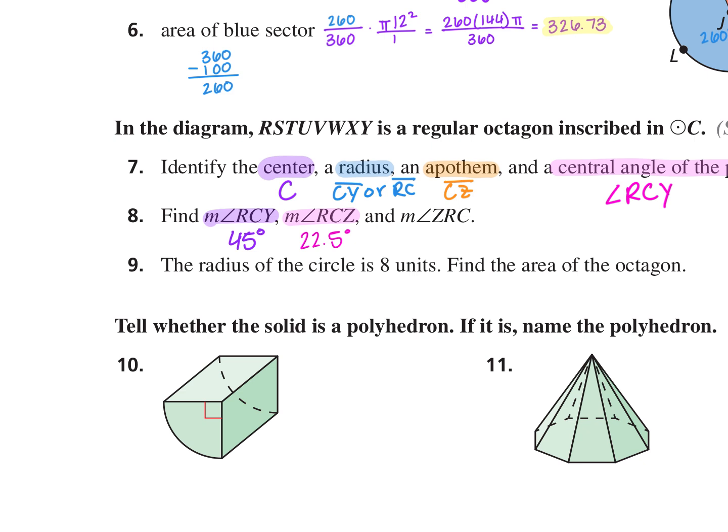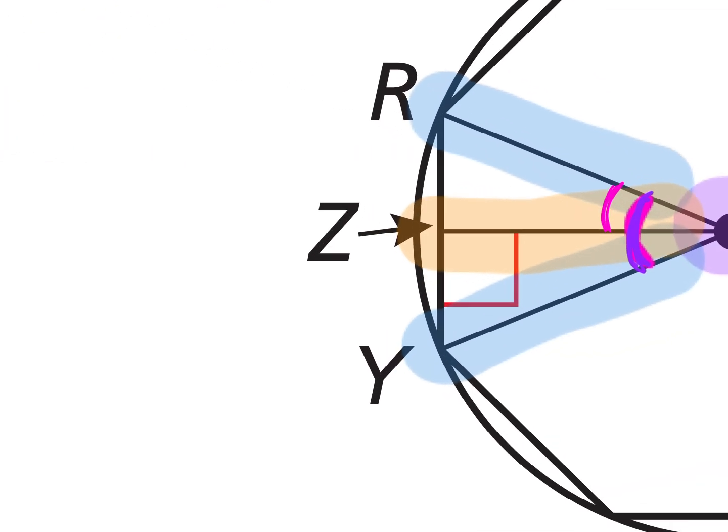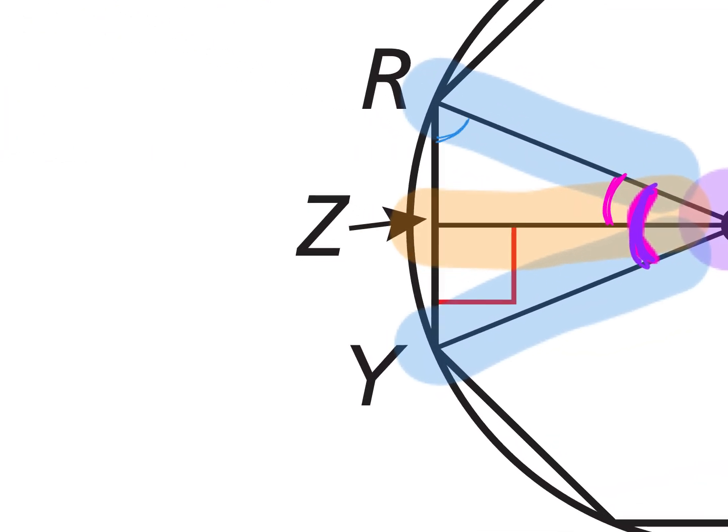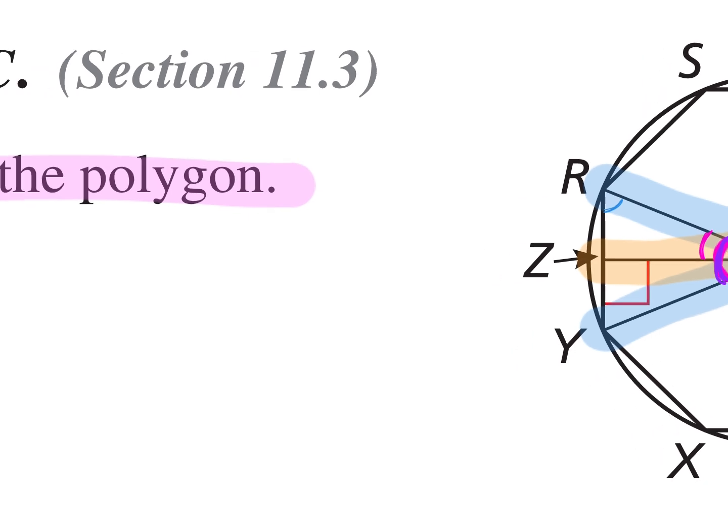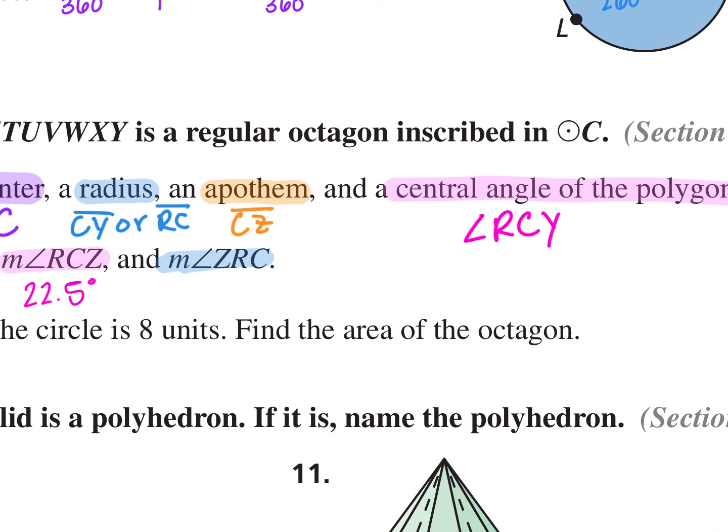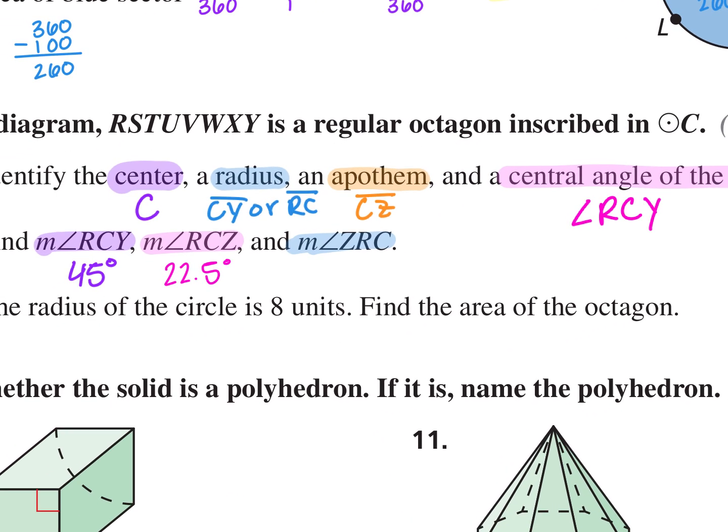So finding ZRC, let me get my highlighter. ZRC is the remaining angle right here, so I have to subtract 22.5 from 90. If you subtracted correctly, your answer for this should have been 67.5 degrees.